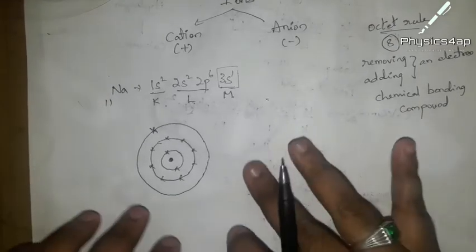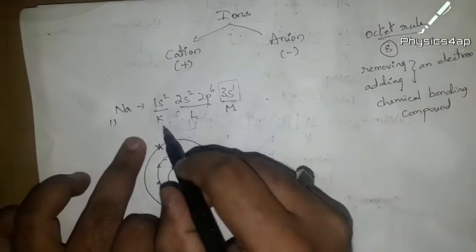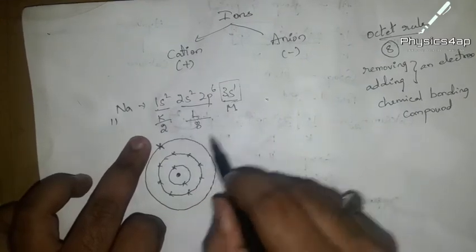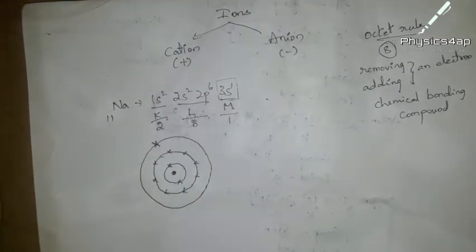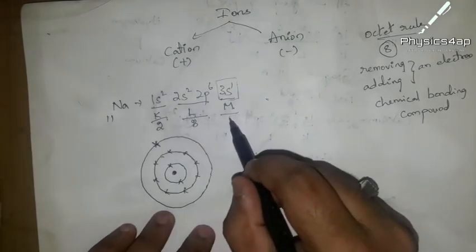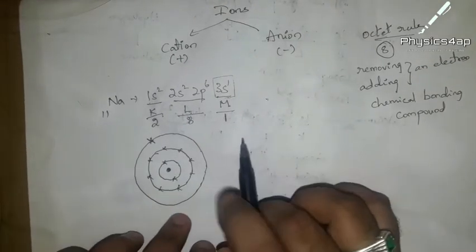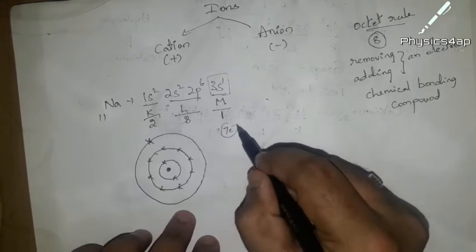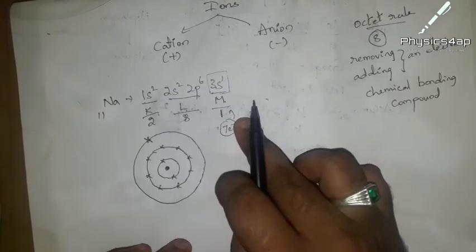So as we see here, in sodium the first orbit has 2 electrons, the second orbit has 8 electrons, and the last orbit has 1 electron. Now in this case, to get 8 electrons in the outermost orbit, we have to add 7 electrons to it. That means a large number of electrons should be added.